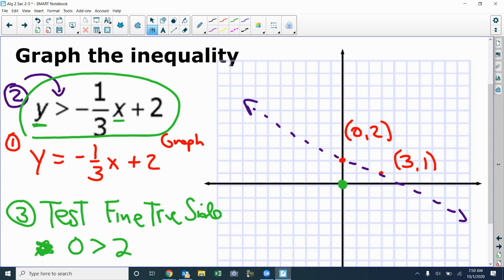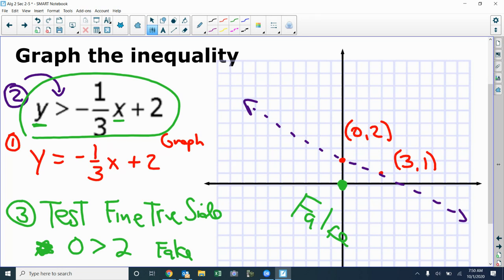Now, is that true or false? Is 0 greater than 2? This is false. So that means this side is false. Why is that side false? Because that's where I plug the value in on that side. But as I started out today's lesson, what did we say?